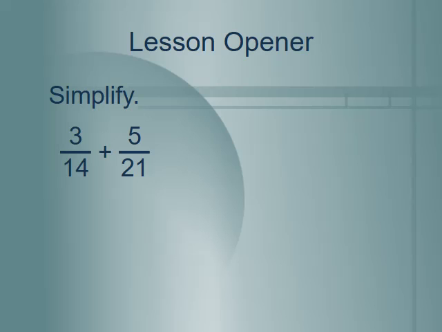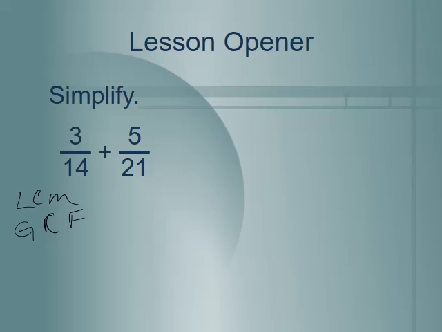Let's look at this one. Let's think about our least common denominator. And this is not one that we just know off the top of our heads. So we might need to actually figure it out by doing the greatest common factor. Or no, not the greatest common factor, the least common multiple. Or the greatest common factor, either one.